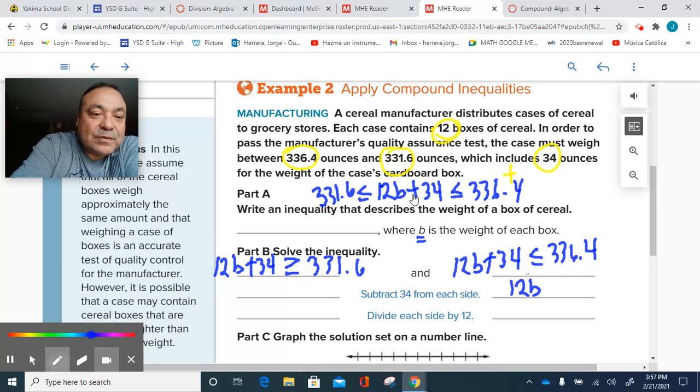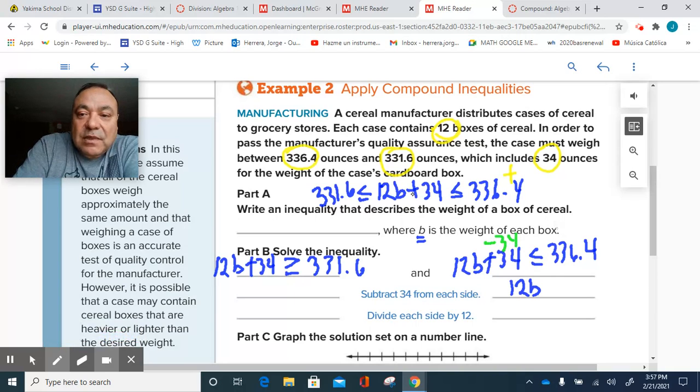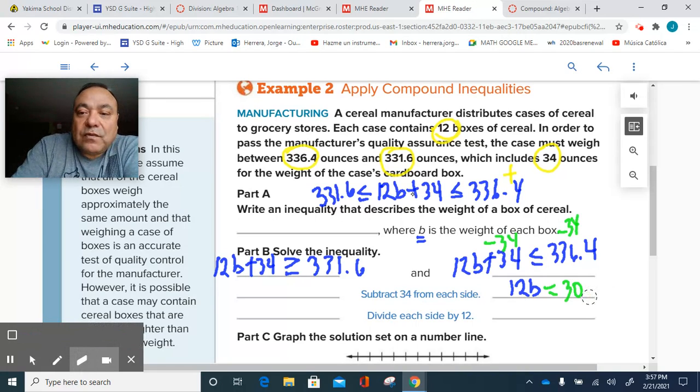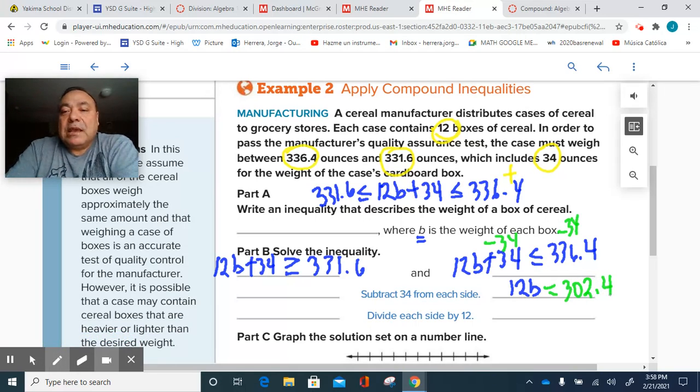So we subtract 34 from there and 34 from there, and that's going to be 302.4, and it has to be less than or equal to that.